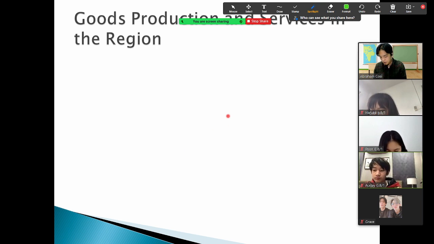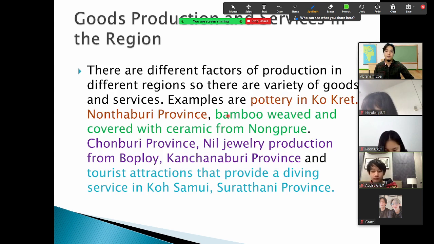Now let's move to the next topic, which is goods production and services in the region. We have different regions in Thailand, right? So we have these examples. Pottery in Koh Kret, Nonthaburi.